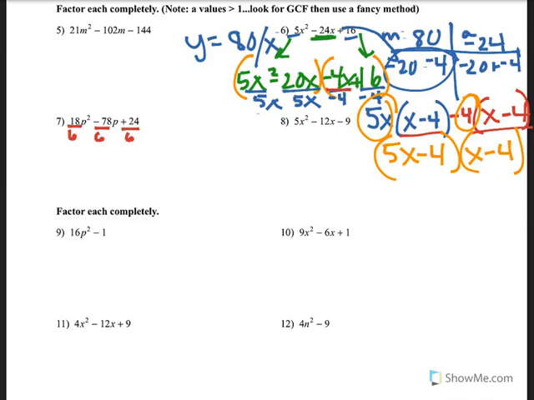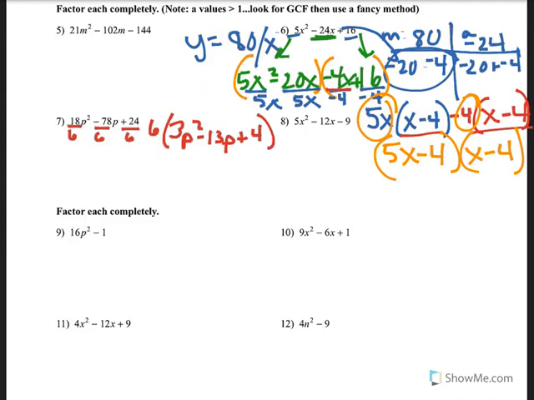So you're going to be left with 6, and then what you have to factor after that is 3p squared, because you're dividing everything by 6, minus 13p plus 4. Okay, and I have to factor this.